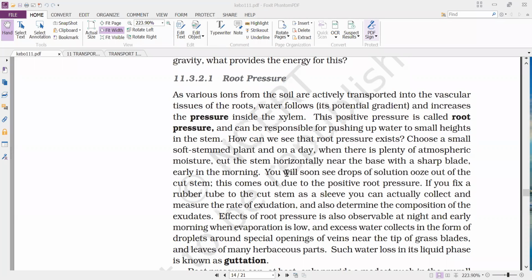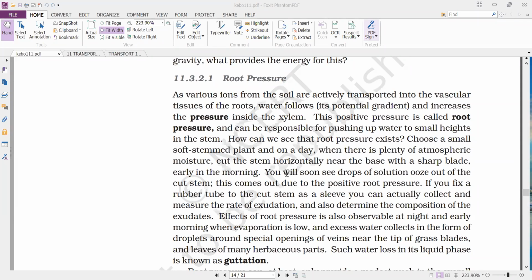Against the concentration, so it has to be transported by an active process. That means the mineral salts are absorbed by the roots by active transport into the vascular tissues of the roots.